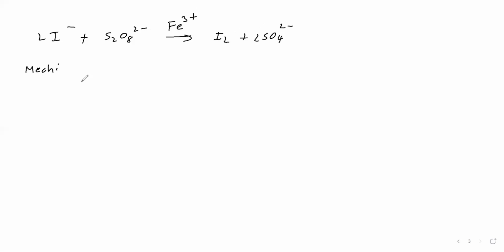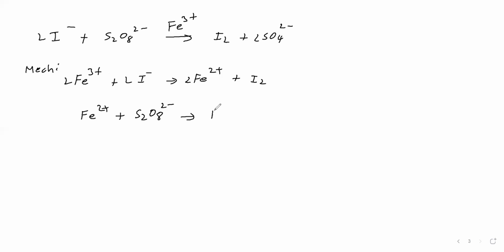First, the Fe3 plus ferric catalyst with I minus gives ferrous and iodine. Then this ferrous with S2O8 2 minus gives ferric and SO4 2 minus.